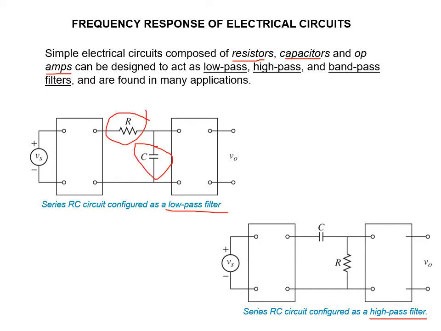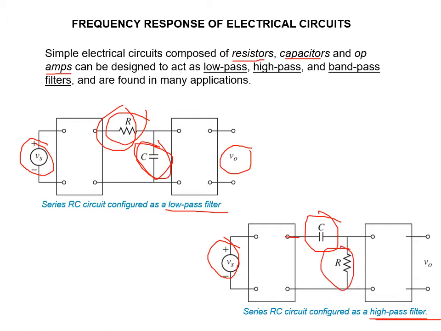For our low pass filter, we have our voltage source coming in over here, then our resistor up top and our capacitor down here, and we can see our output voltage over here. Whereas for our high pass filter in the bottom diagram, there's our voltage source coming in, and now we have our capacitor up here and our resistor down here. Same voltage output over here though.